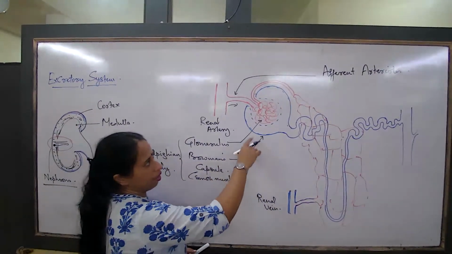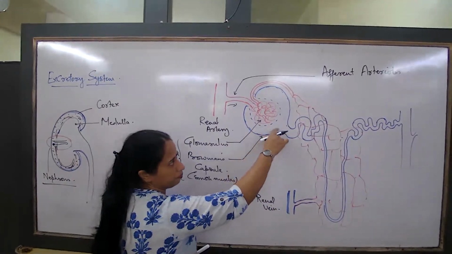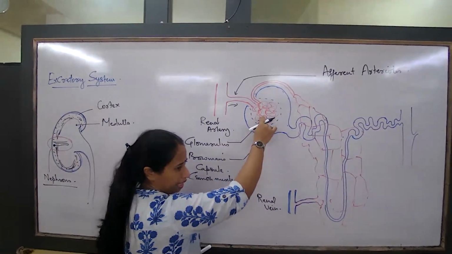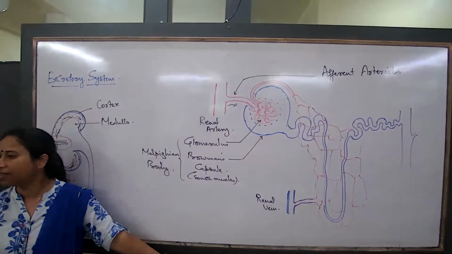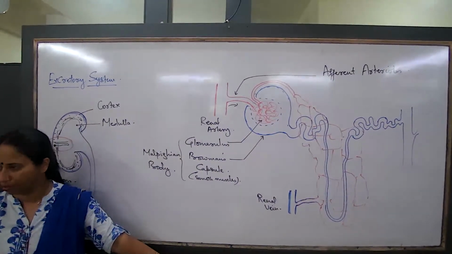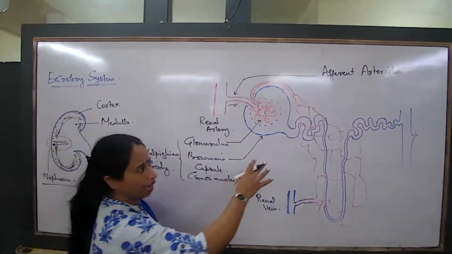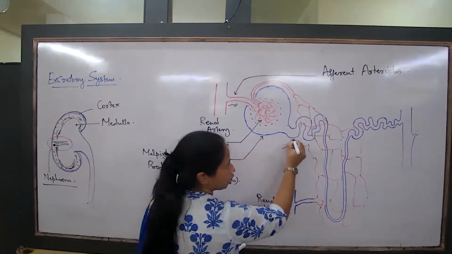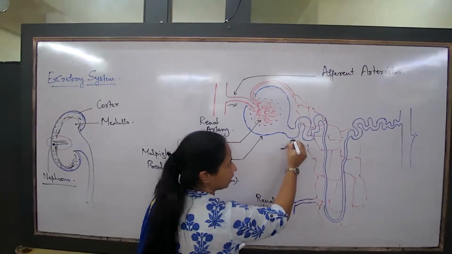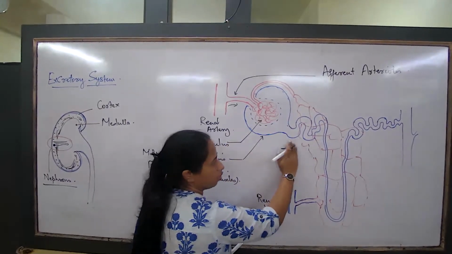So now, this is the Bowman's capsule, this is the glomerulus, and this entire head-like structure is known as the Malpighian body. What about the tubular part? The first part, the first region. What is this first tubular region known as?